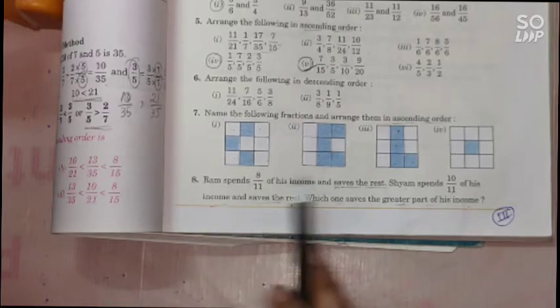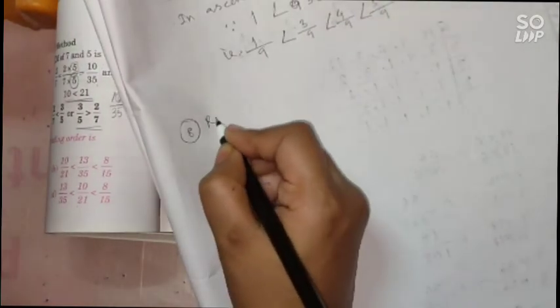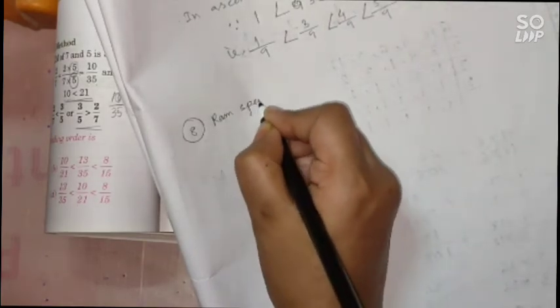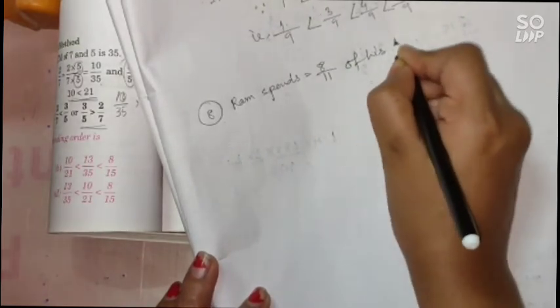Then you have to compare the savings of Ram and Sam. First of all, write the information given in the question. Ram spends 8 upon 11 of his income.